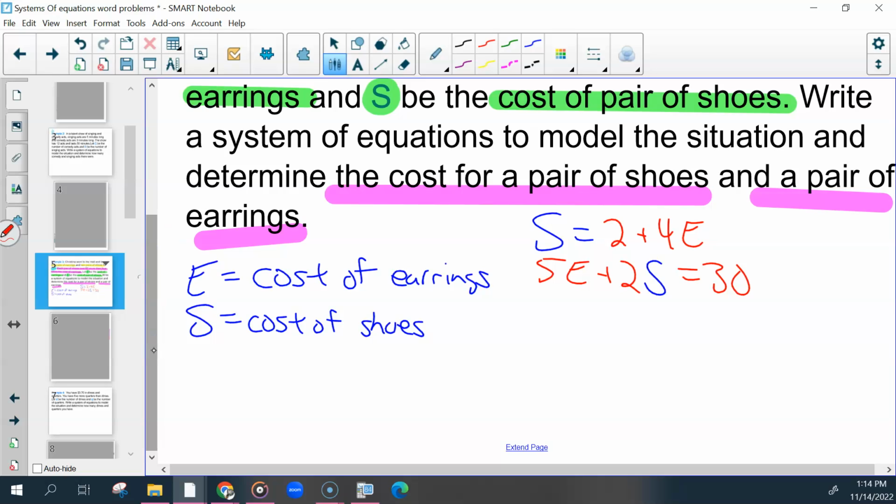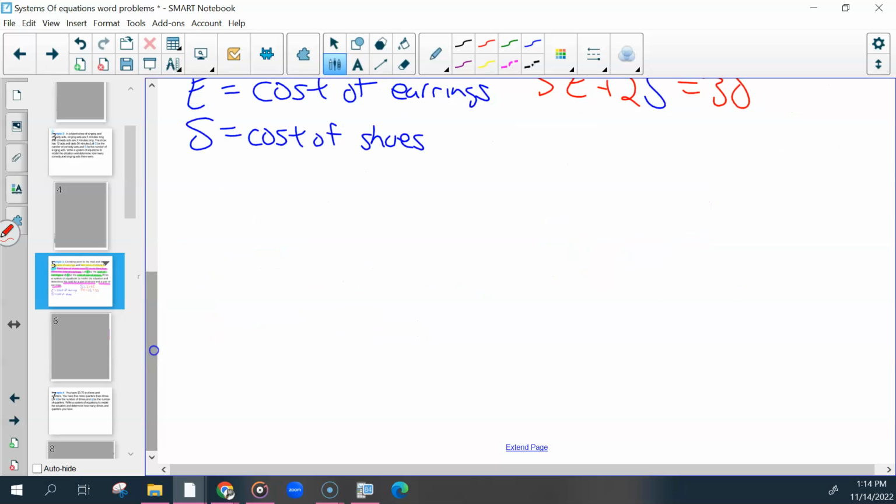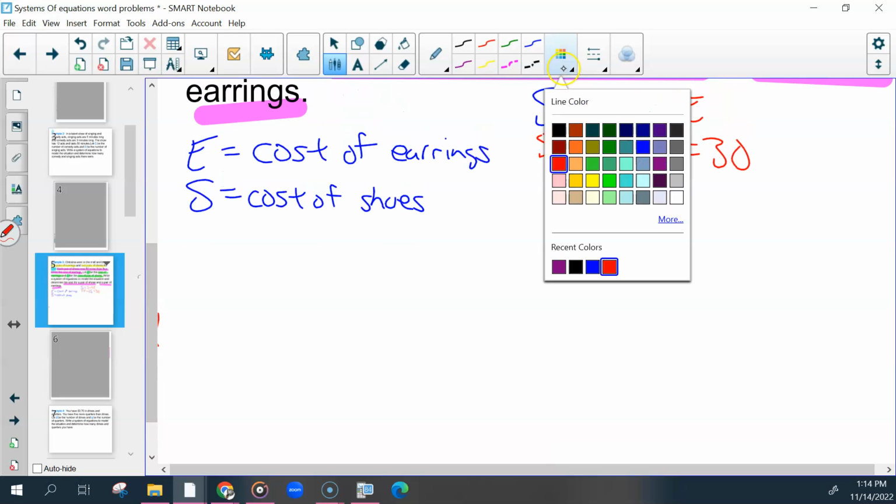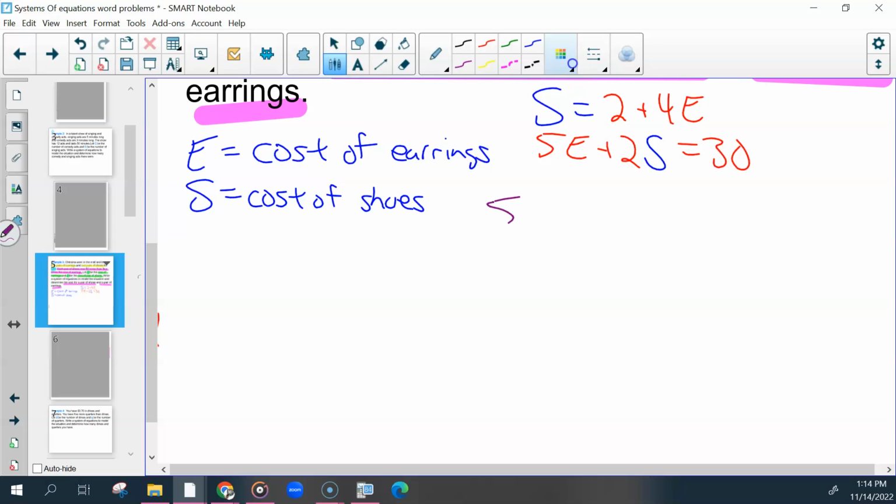So we're going to substitute the S equation into the other one. So 5e plus 2 times 2 plus 4e equals 30. Distribute and start solving for e.